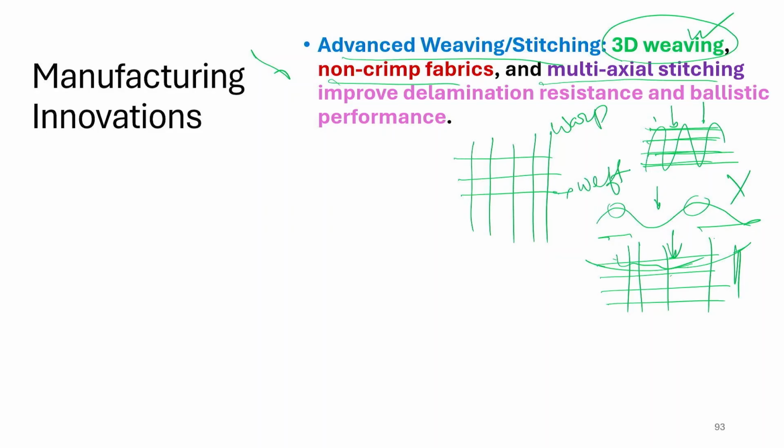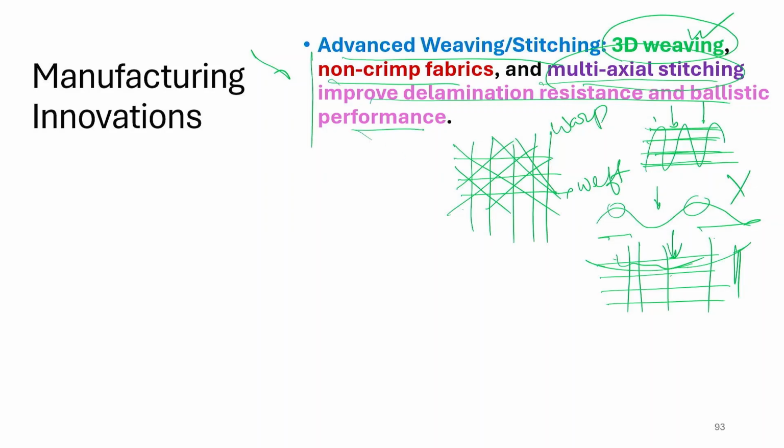But with the advent of multi-axial weaving, this invention helped us to create fabric where the load carrying capacities are almost equally distributed in multiple directions. That will help in improving performance, delamination resistance and ballistic performance.